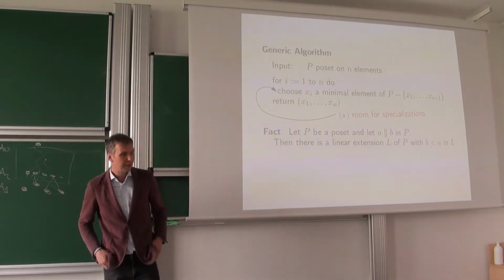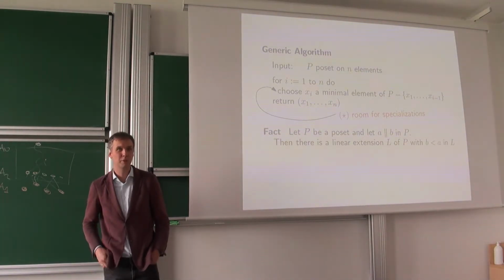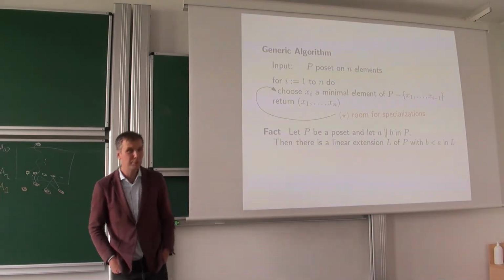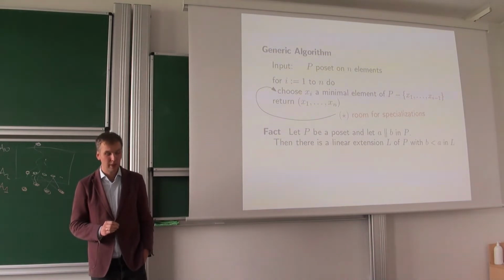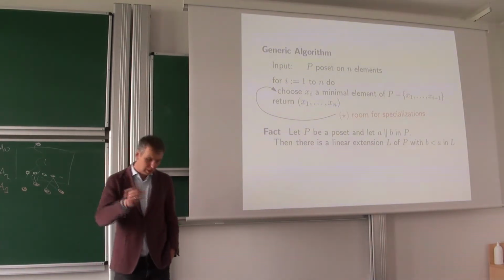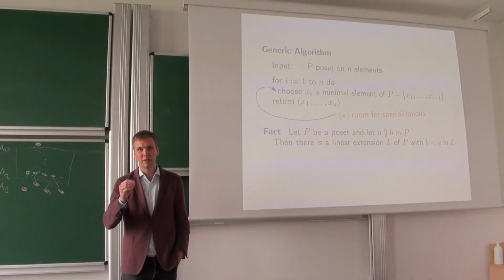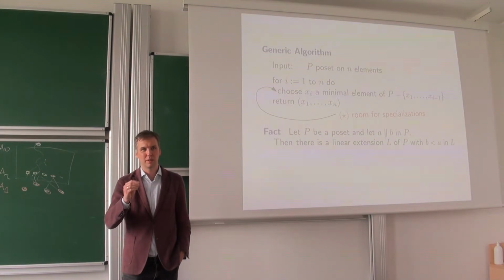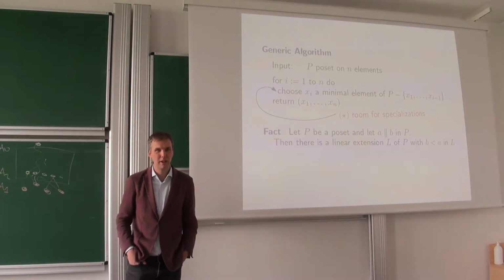Yes, so a first fact, important for us because we're heading for poset dimension. So take a poset and take two incomparable elements in the poset. Then there is a linear extension that puts B below A, one of your elements below the other. And the other way around because this statement is symmetric, yes? Yes?